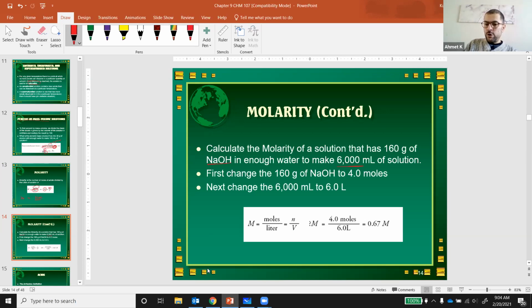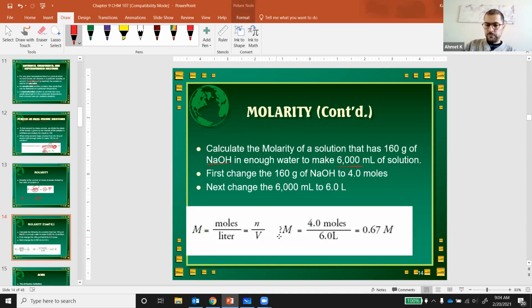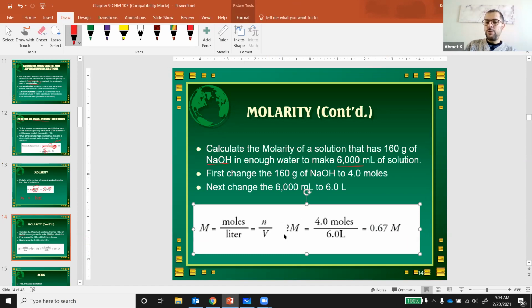So again, let me just blow this up a little bit. We know how to find the molarity. It's moles over liters. So I need to find how many moles of NaOH, sodium hydroxide, do I have, because the volume is given, which is 6,000, but the moles is not given.